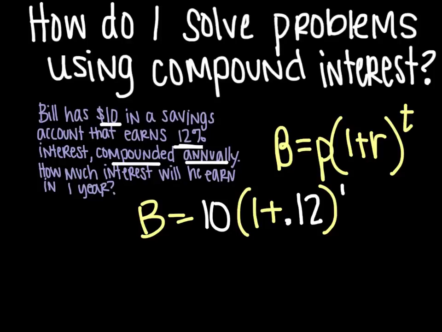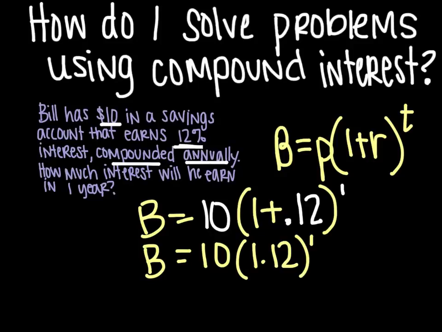Now that I do this, I follow order of operations rules to solve the problem. So my first thing I have to do is parentheses. So now I have 10 times parentheses 1.12 to the first power. The next rule is exponents. So I have to take the 1.12 to the first power, which is just 1.12.